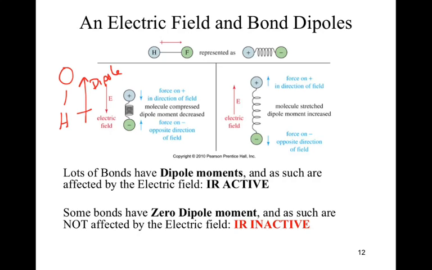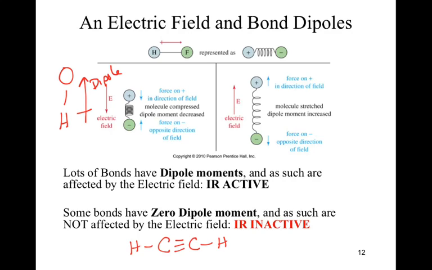Okay? However, there are some bonds that have no dipole moment. Even though that bond is present, it does not show up in the IR because of the lack of a dipole. One of those examples is a triple bond. If we went through and now made this completely symmetrical, there is no dipole moment in this molecule, which means we can't see that triple bond. Okay? So our triple bond is known as something in this case as IR inactive.